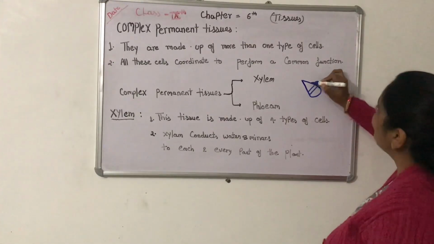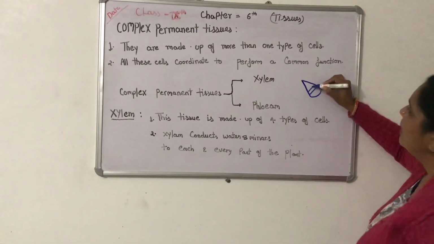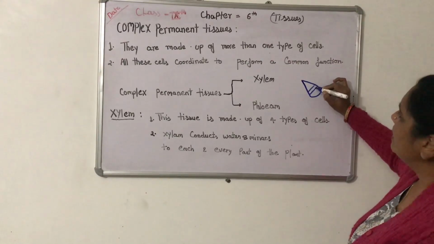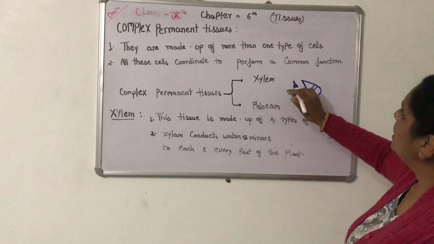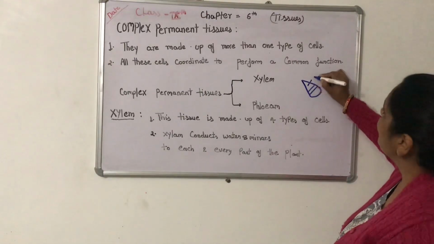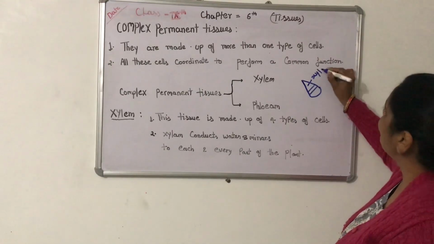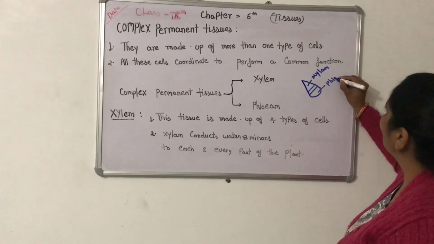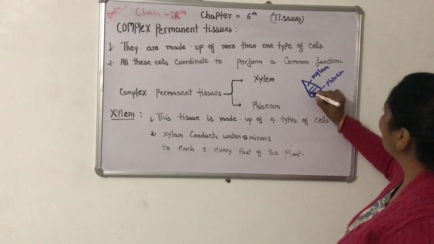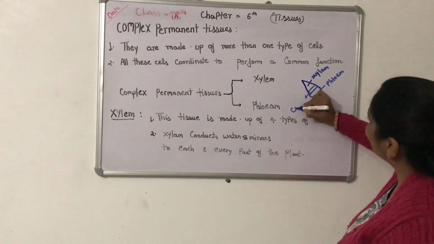These vascular bundles are made up of two tissues. One is xylem, the other is phloem, and in the middle it is cambium.